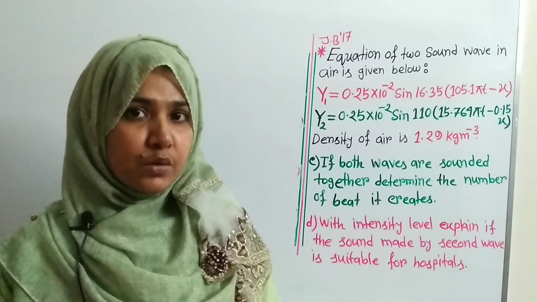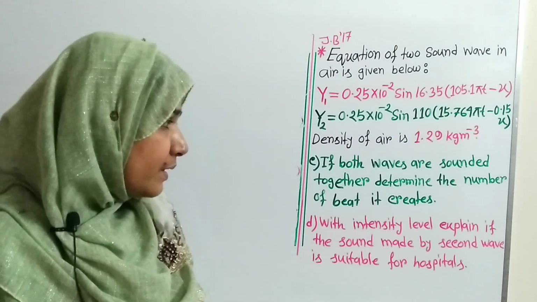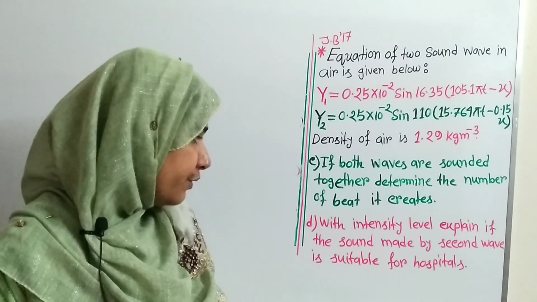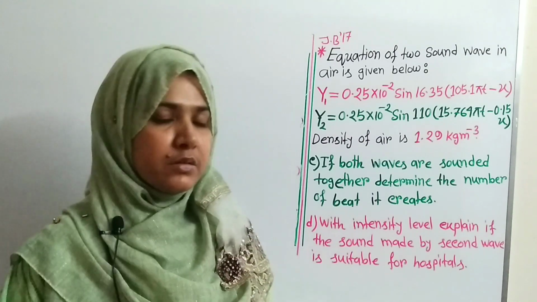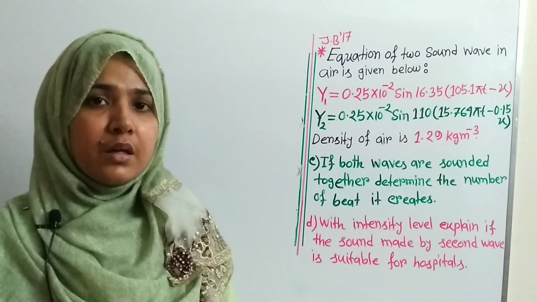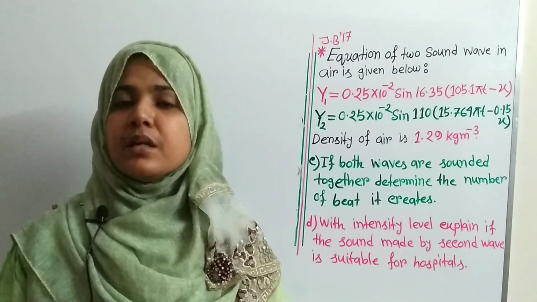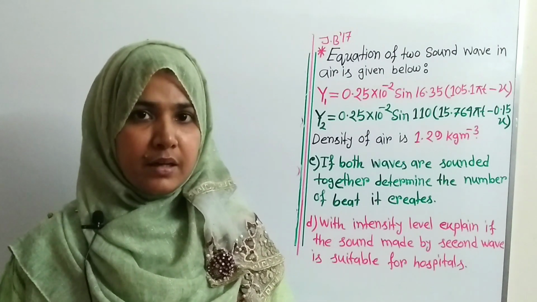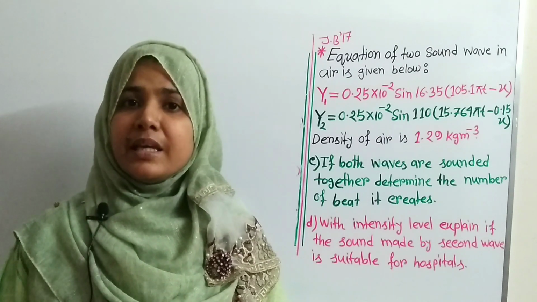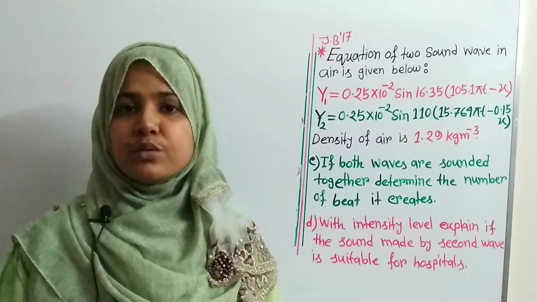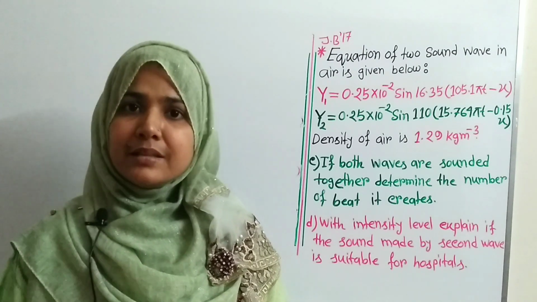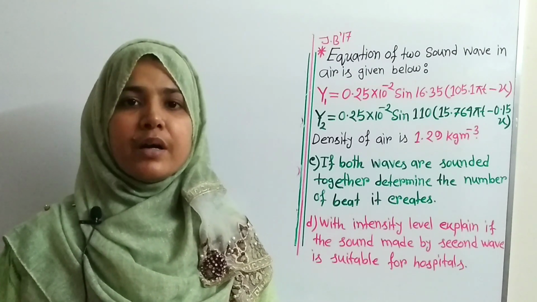Question D. The question is, with intensity level, explain if the sound made by the second wave is suitable for hospitals. That means we need to calculate the value of beta. You know that if the intensity level of sound is between 50 to 60 decibel, then that sound will be suitable for everyone.